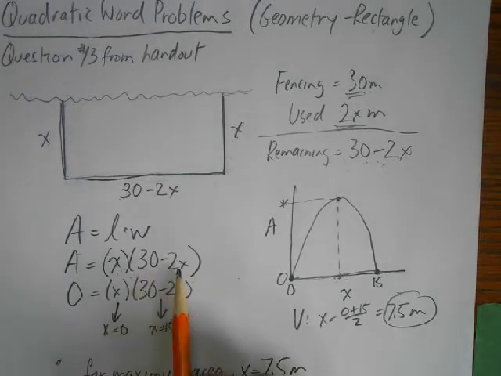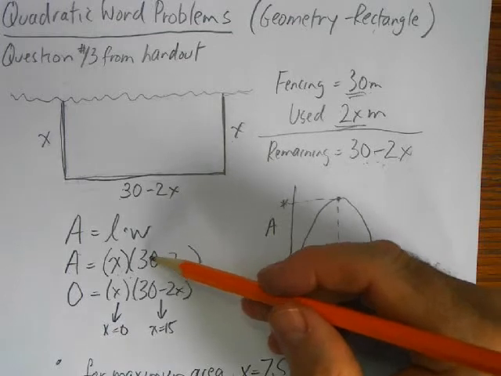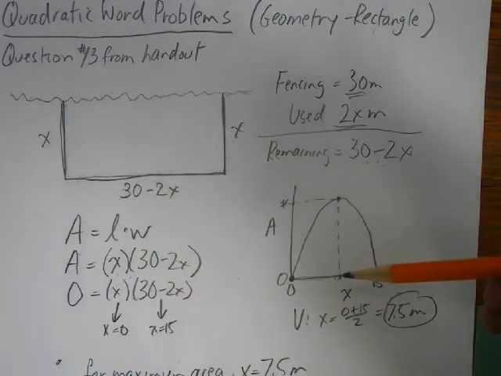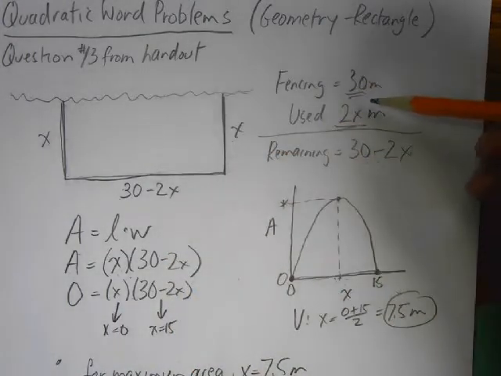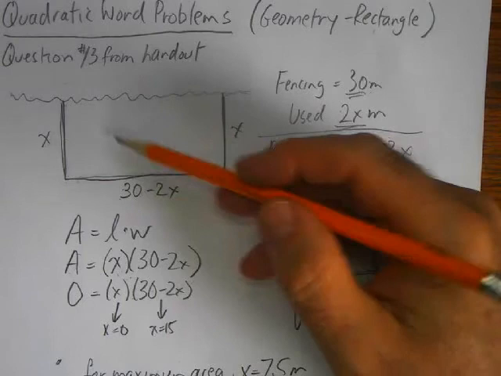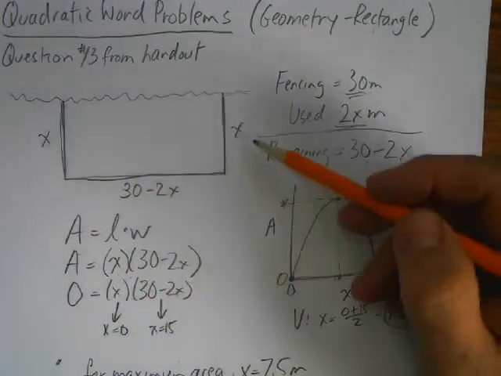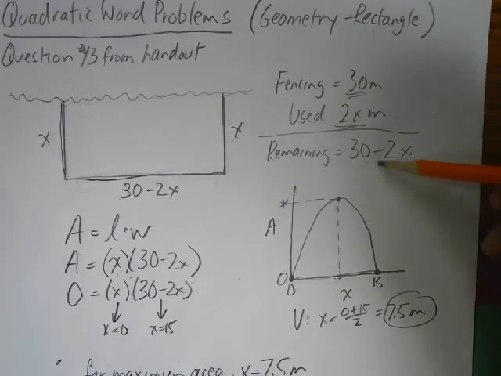So when you do your 15 minus x, x would be 15. I think it works out the same, but I'm not 100% sure. But that's how that changes. If you have the fourth side, then whatever's left over from the fence after you've dimensioned two sides, you have to divide that remaining length by 2.